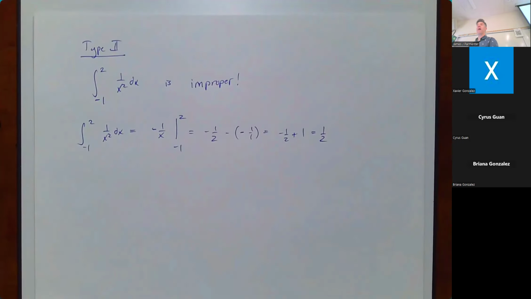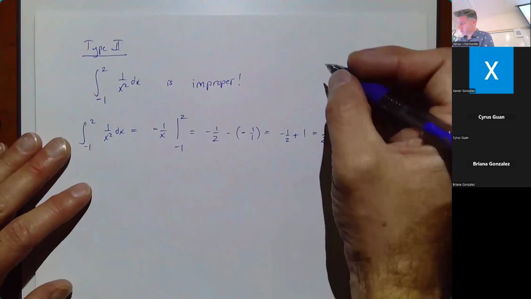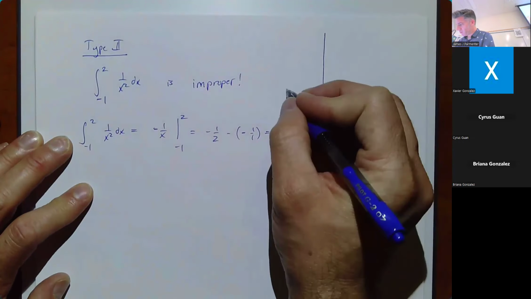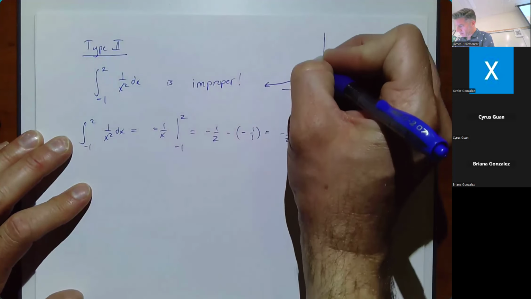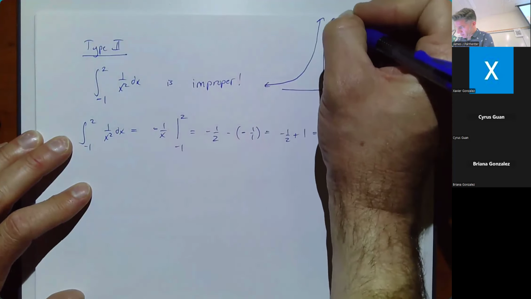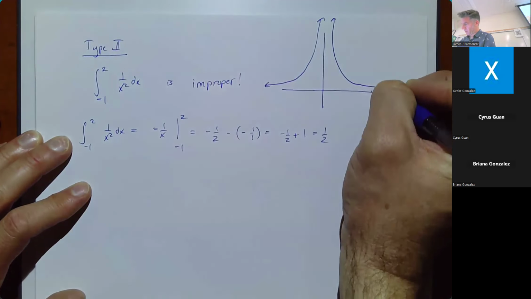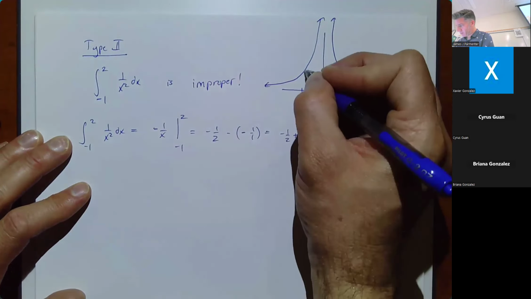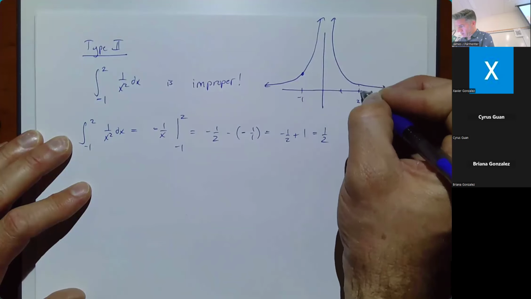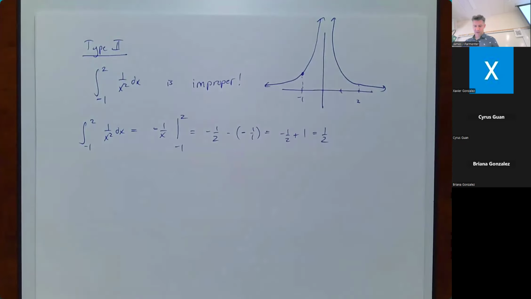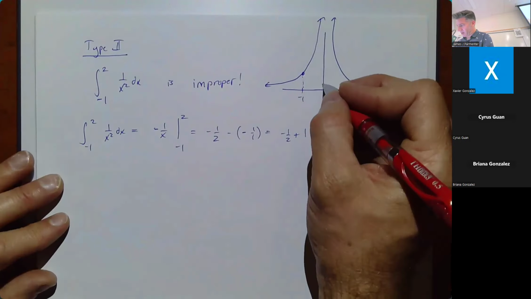But if you look at the graph, 1 over x squared looks like this. If I go from -1 to 2, I think the area under the curve there is a lot more area than 1/2.